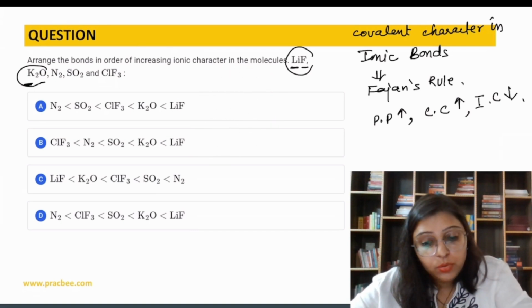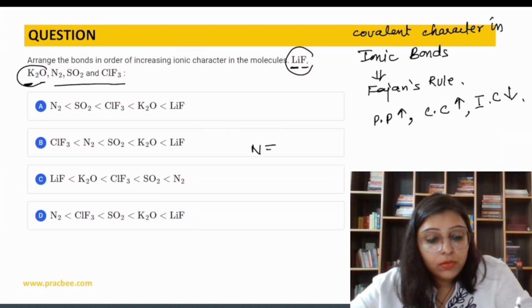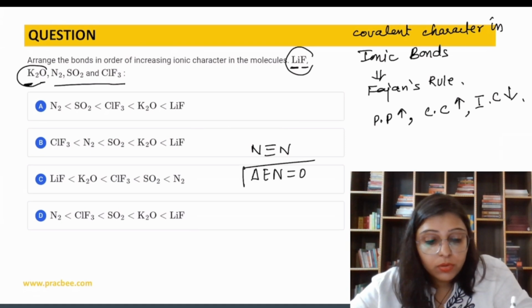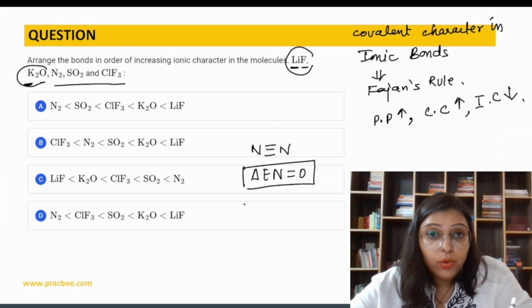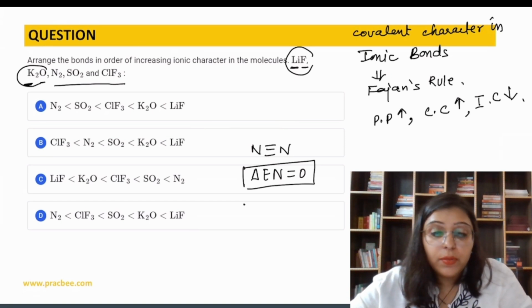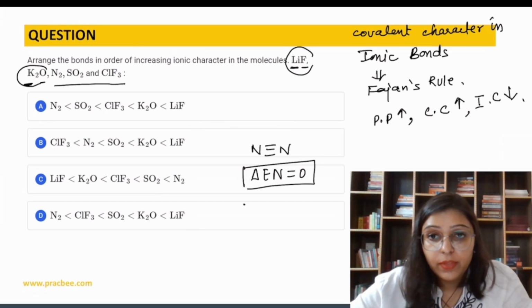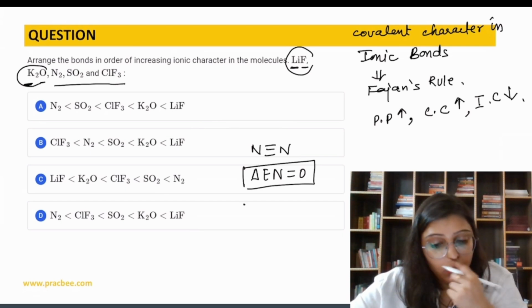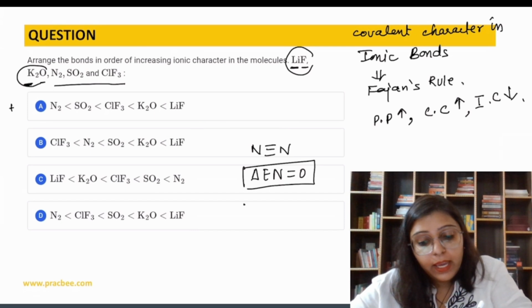So here how to do this? See, if we see the molecule N2, here the electronegativity difference is equal to 0. So this is a pure covalent molecule. So here covalent character is more, which means ionic character is less, right? Least ionic character. So from this, option A can be correct and option D can be correct.